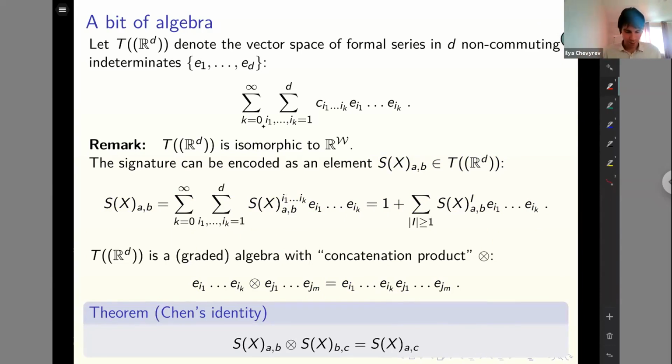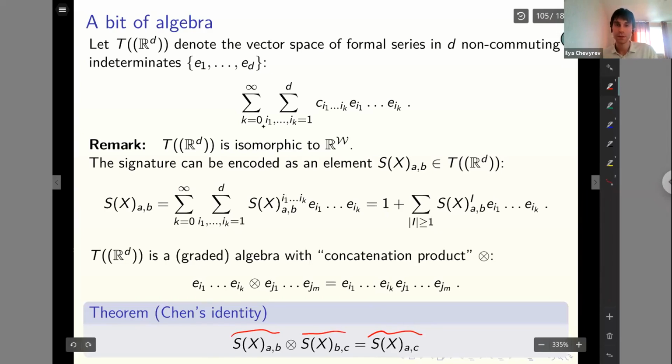So the signature of the full interval A to C is given by the signature from A to B times the signature from B to C. This is a much easier formula to remember than the one that I wrote down a couple of slides ago. In some sense, this is the correct way to think about Chen's identity.